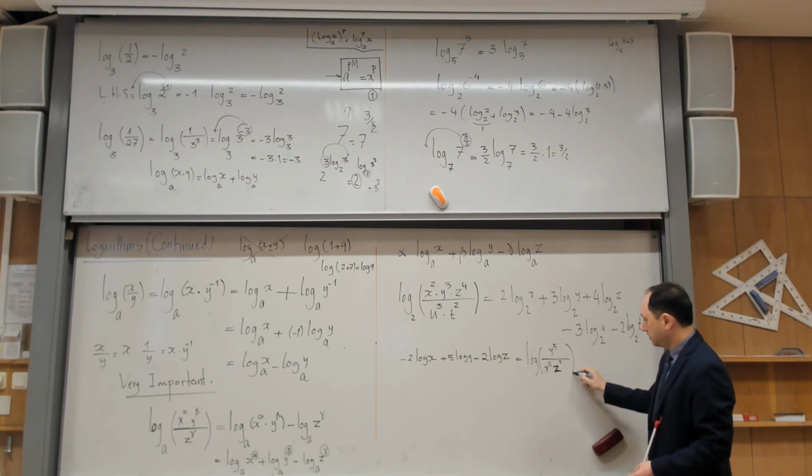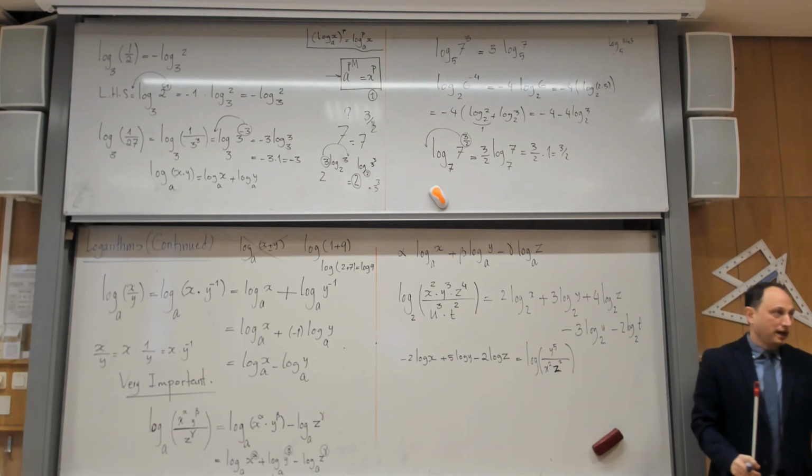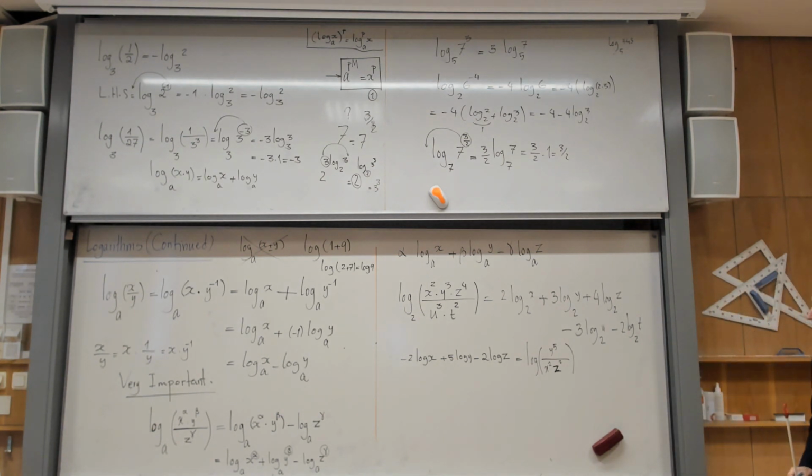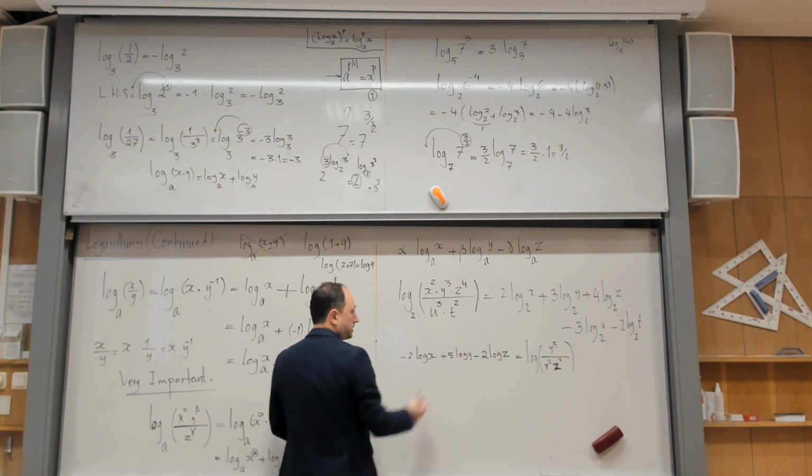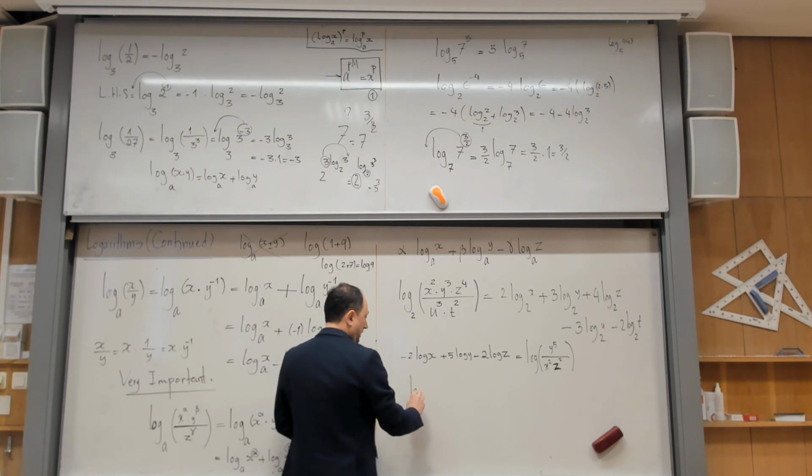And then you can write it. So you should be able to go back and forth between these cases. Of course, if I write something like this, do you think it is wrong or correct?